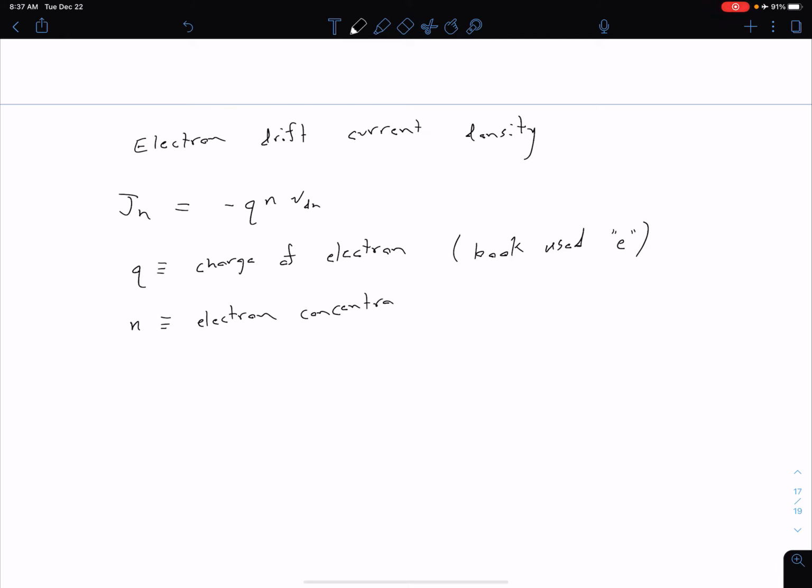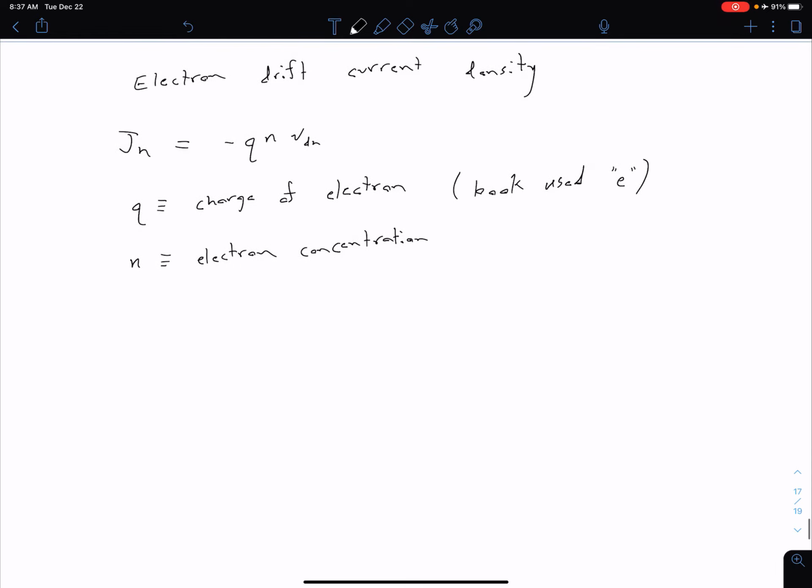So that's how many electrons we have per cubic centimeter, which is the typical units for that. And then we have our v sub dn, which is our drift velocity, and that's equal to negative mu sub n times E. And so this is our electron drift velocity.